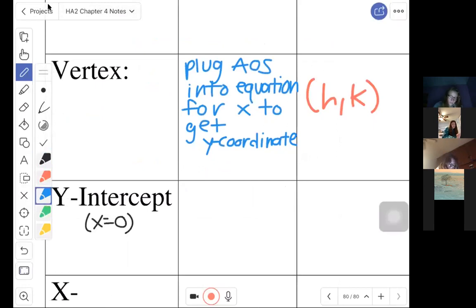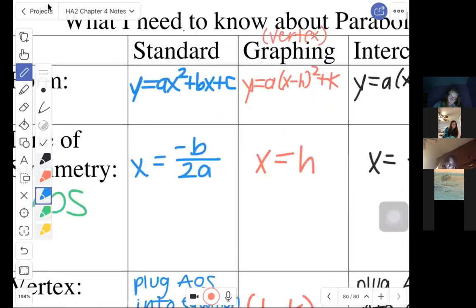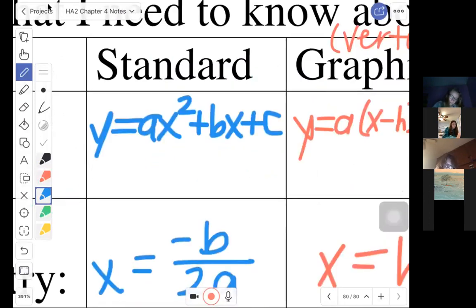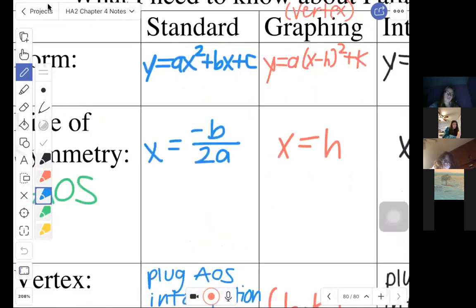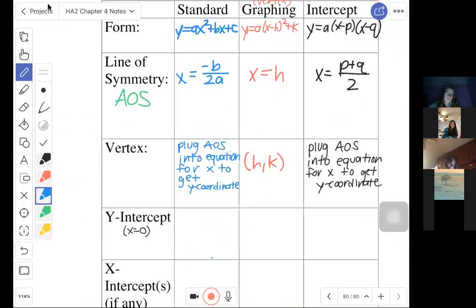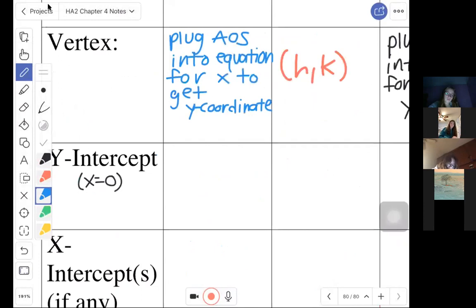But if we look, something special about y-intercept for standard form, if we plugged in 0 for those x's, what are we left with? Oh, y equals c. Yeah. So we can automatically see, and you can always double check that work, that y-intercept is going to be 0, c. Because we're plugging in 0 for x, and we're going to be left with c because those x's all turn to 0.